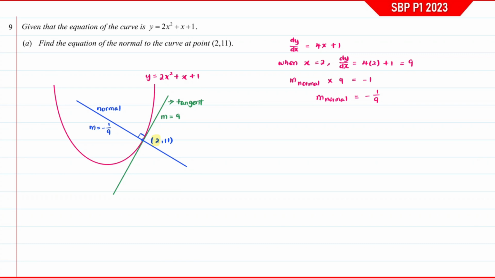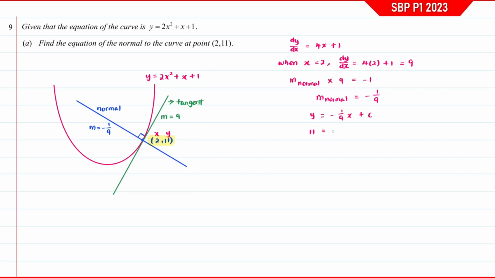So next we're going to find the c for the normal. So for now, the equation of the normal will be y equal to -1/9 x plus c. To find the c, we're going to substitute the coordinates (2, 11) into the equation.